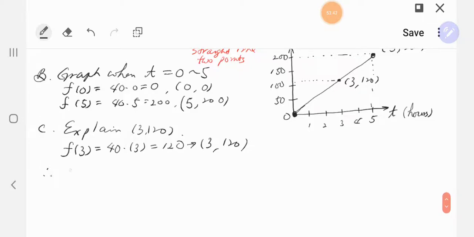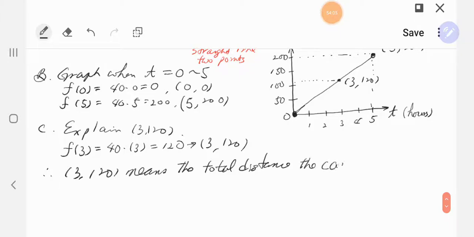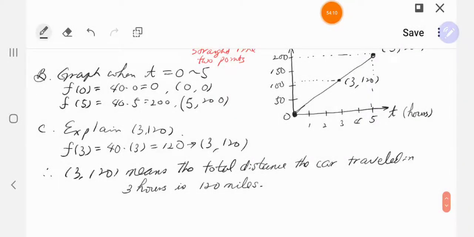So this ordered pair means the total distance the car traveled in 3 hours is 120 miles. Okay, we are done. Sorry for the noise.